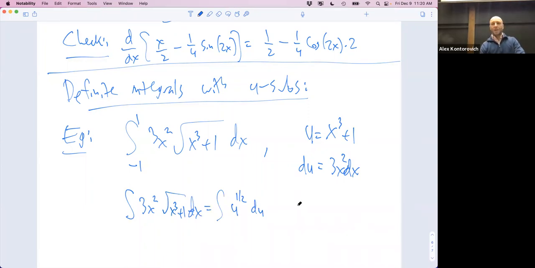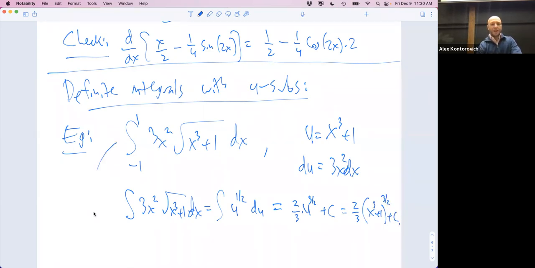First I have to actually do the integral. That's u to the 3/2 divided by 3/2 times 2/3 plus c, but actually at this point I don't care about the plus c. Fine, let's put the plus c since it's an indefinite integral. But we're going to stick it into a definite integral once we figure out the antiderivative. So we will have actual bounds. And then I get what? 2/3 times x cubed plus 1 to the 3/2 plus c.